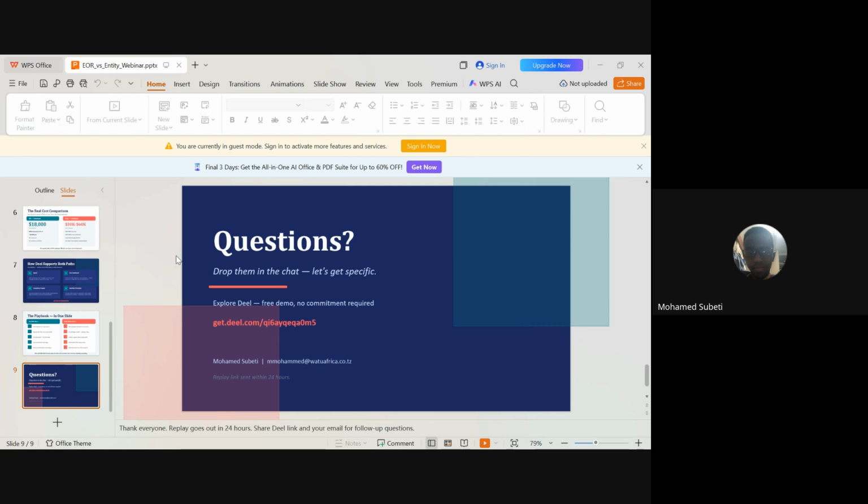The penalties vary, but can include back taxes, fines, and in some jurisdictions, the worker gaining employee rights retroactively. EOR exists specifically to solve this. Don't try to paper over an employment relationship with a contractor agreement. So I think that's clear.